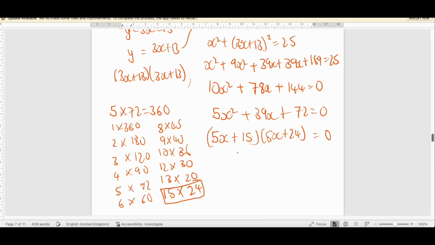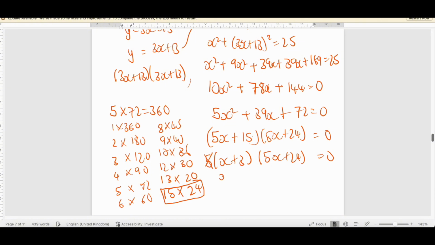So you can factorize the first one by taking out 5, so you get 5 bracket x plus 3, and you have a look, can you factorize the second one? No, you can't, so that remains the same. And the number outside this is eliminated, so you have two solutions.